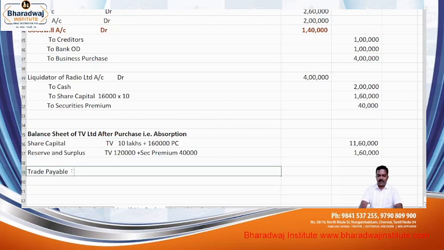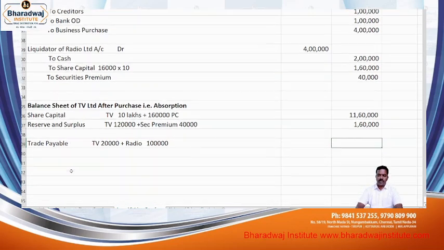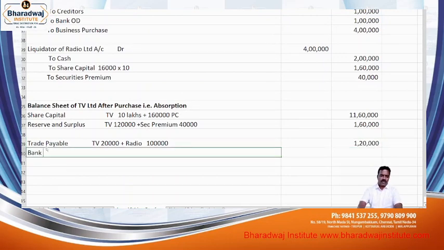Trade payables of TV, how much? 20,000 plus Radio's. Radio will have 1 lakh, so the total is 1,20,000. Pay attention. Bank OD, brought over from Radio. How much? 1 lakh.